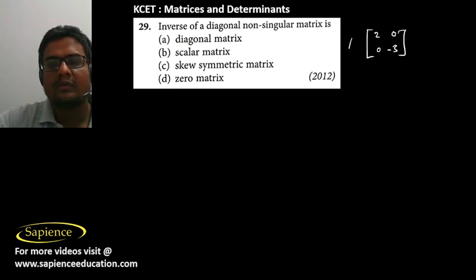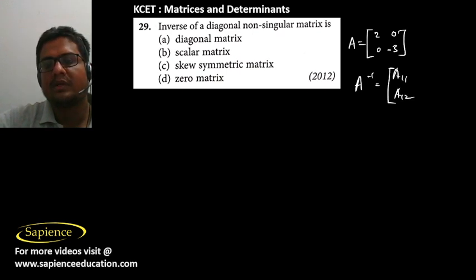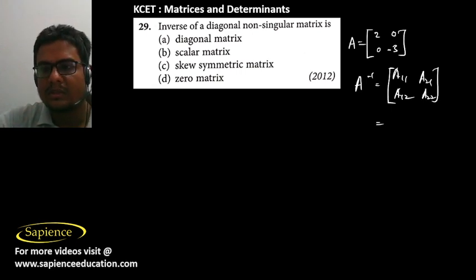Suppose this is matrix A, then A inverse will be how much? A inverse will be equal to, so these are the cofactors A11, A12, A21, A22.